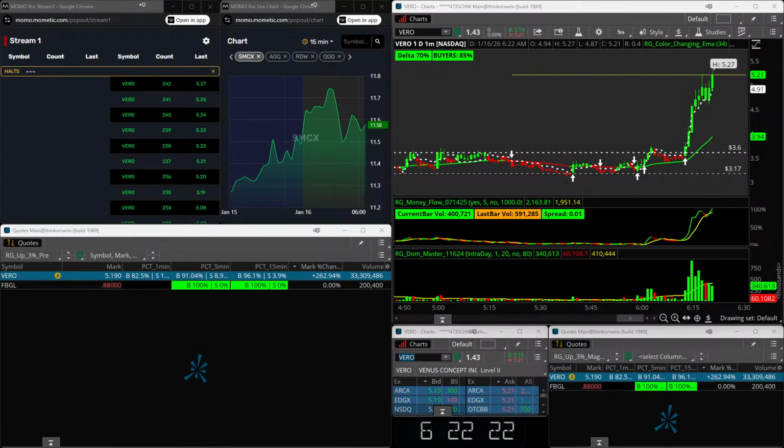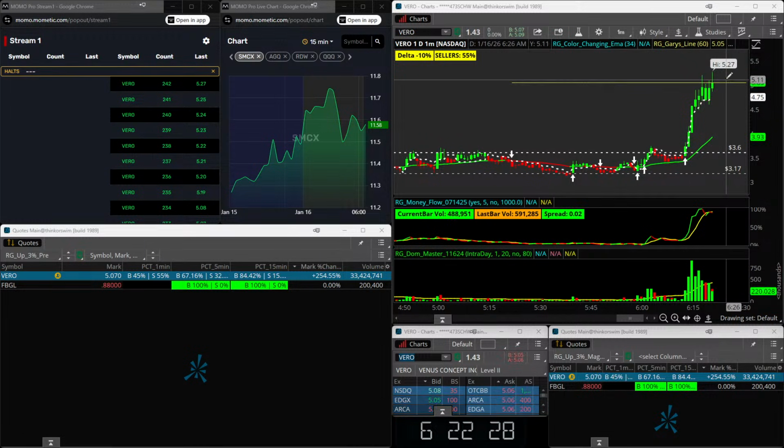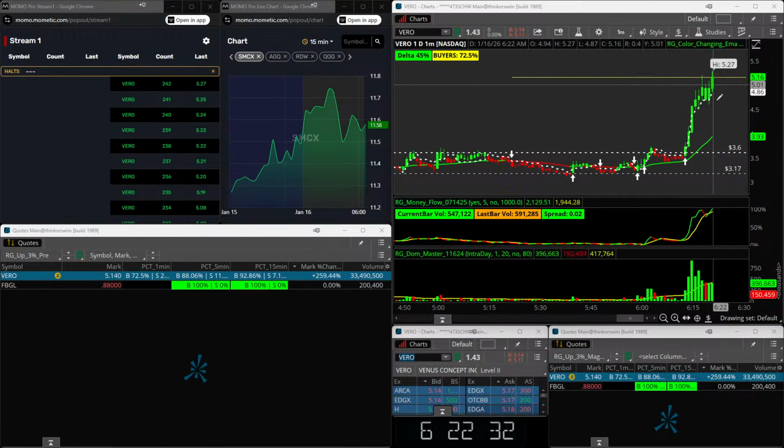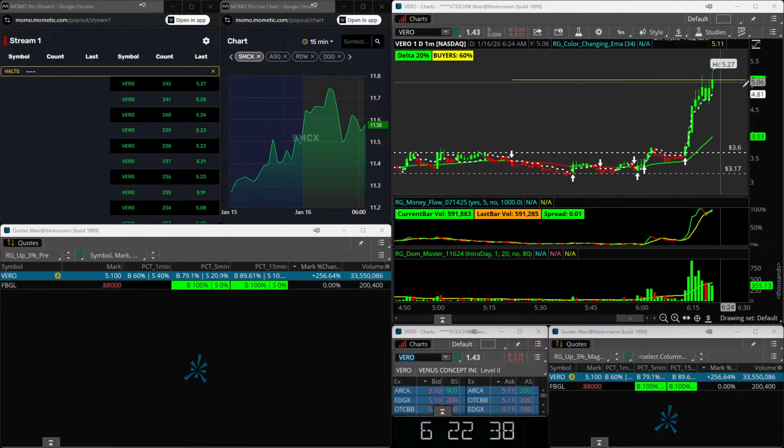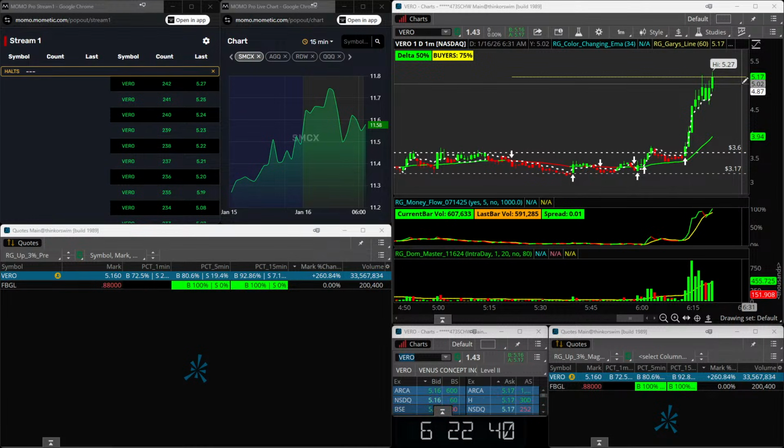VERO, a few interested buyers, was watching money flow across the line here and it took off. Maybe these are the guys that missed it and they're hoping it's going to go. Maybe there's enough of them to push it.